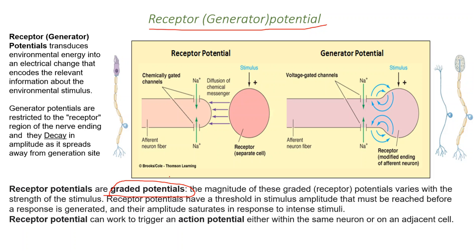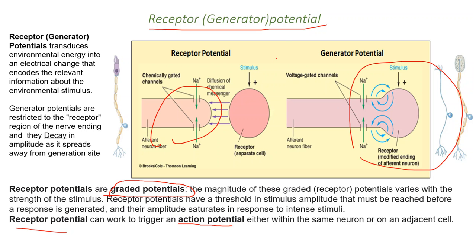So if a certain threshold is reached, the receptor potential can trigger an action potential. And this can happen in the same cell or in an adjacent cell. It depends on what kind of receptor we are talking about. Are we talking about a special sense receptor, where there is a separate cell that functions as a receptor, and then there is a sensory neuron taking up the signal?